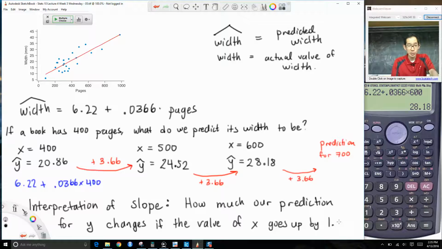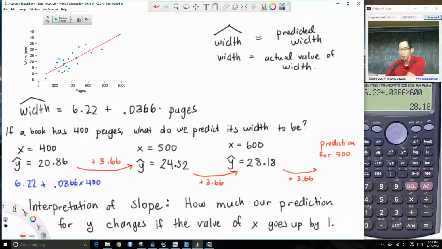As far as books go, this slope quantity is so small that we can't really appreciate it until we talk about making changes of 100 pages.